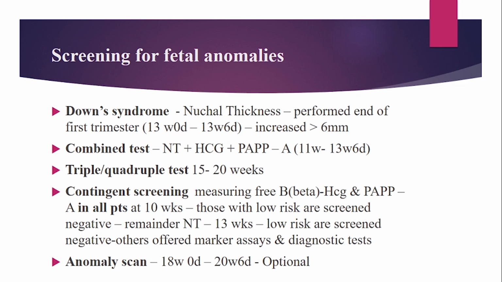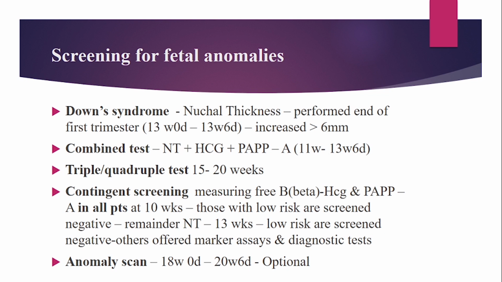There is some screening that needs to be done too during routine antenatal care, particularly if there is a family history of congenital anomalies. We may need to do some tests to rule out the common anomalies that we have, like Down syndrome.